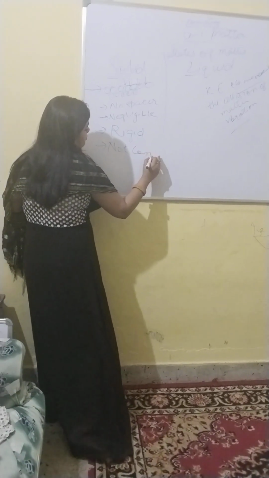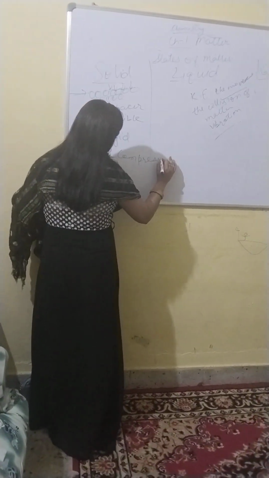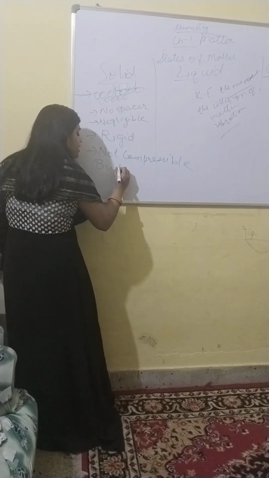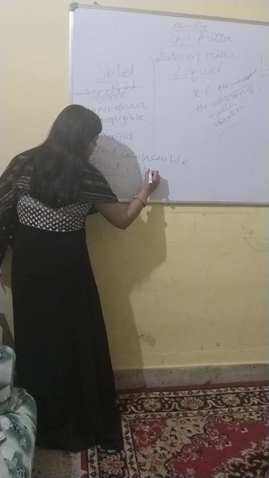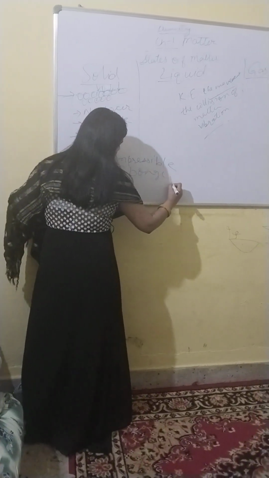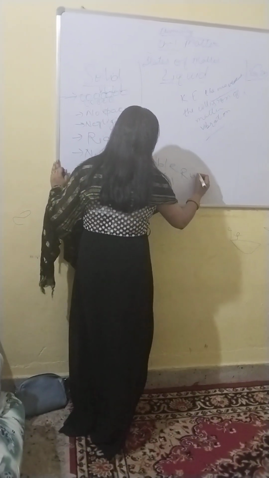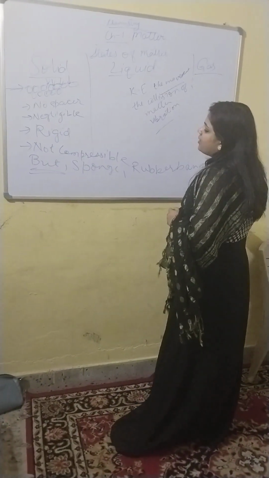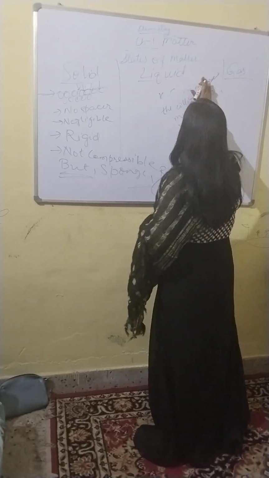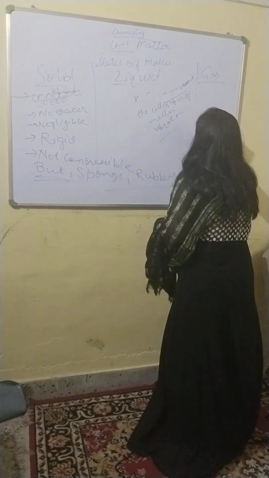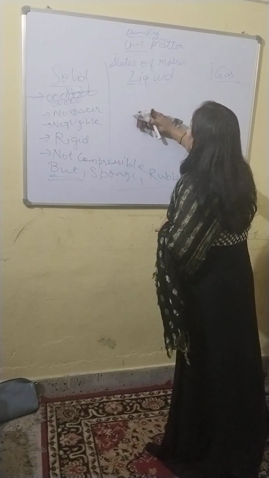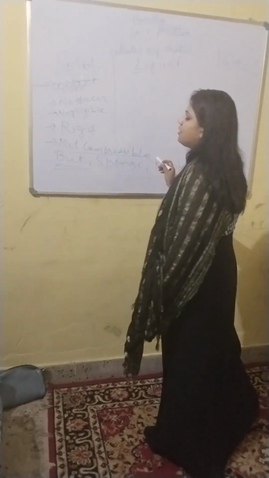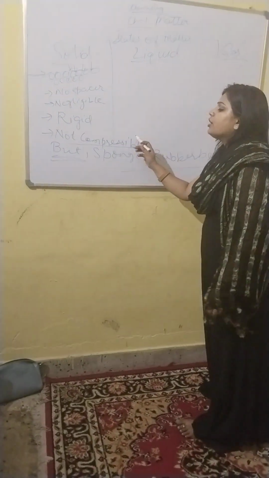But there is one exception: sponge and rubber band. Sponge and rubber band are a type of porous solid. They are compressible. As we have studied about the properties of solid, solids are non-compressible.